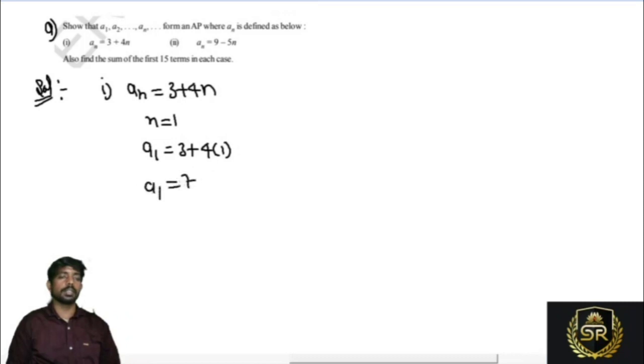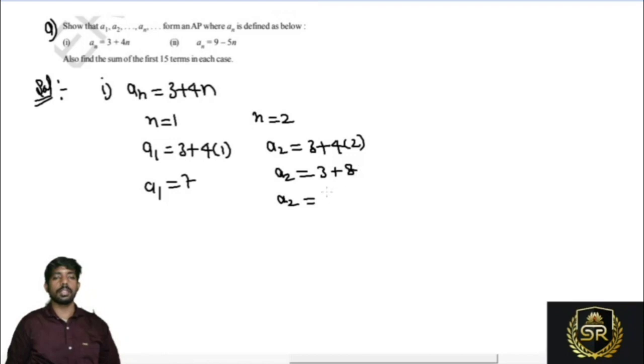So a1 is 7. Substitute n is equal to 2 in an. You will get a2 is equal to 3 plus 4 into 2. 4 2s are 8, so 3 plus 8 is 11. So a2 is 11. The series formed is 7, 11, and so on.